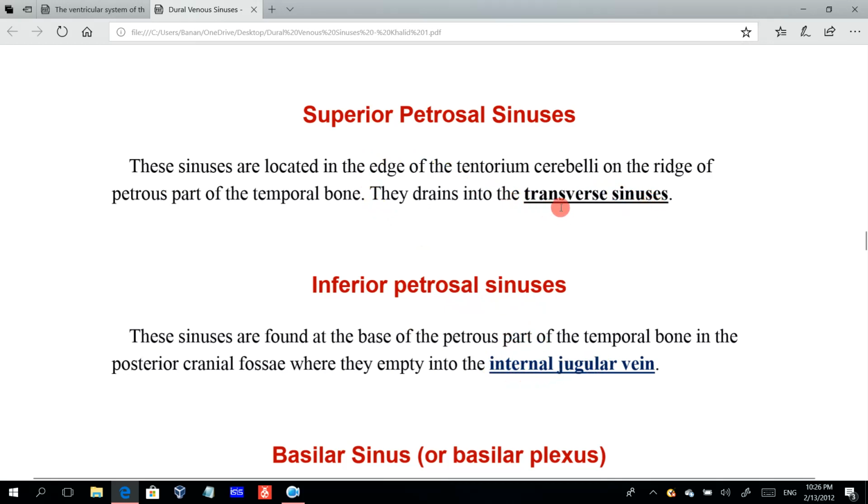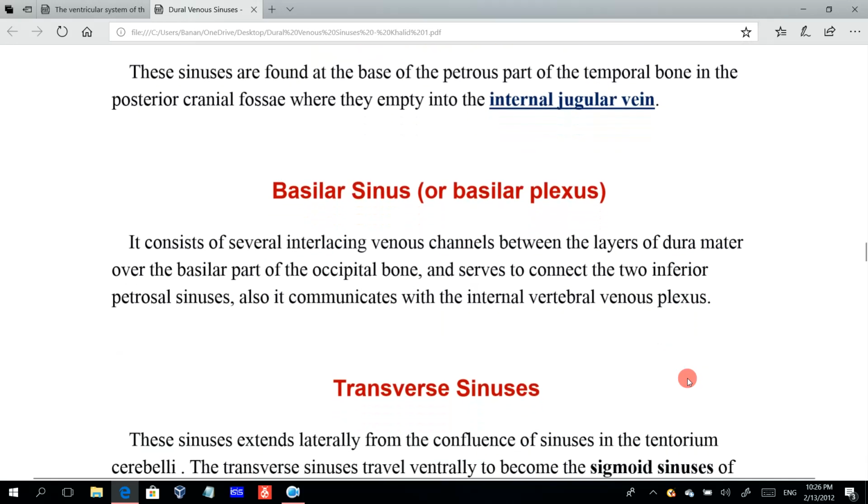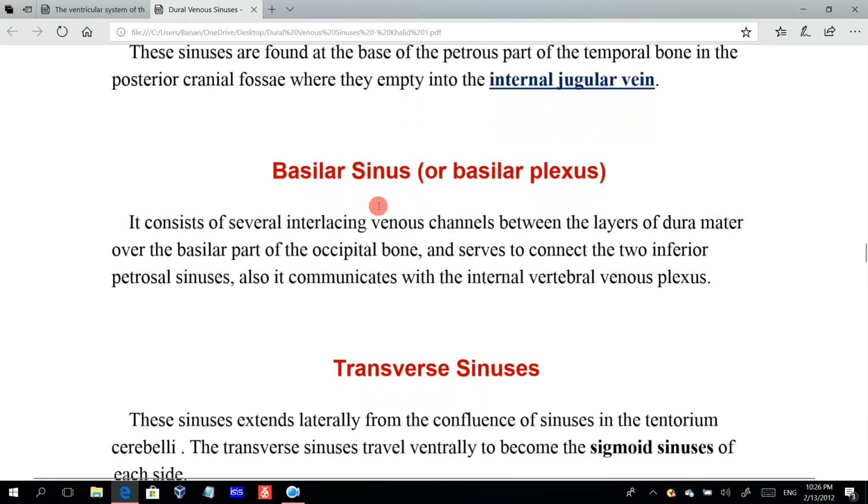Of course, later on, these transverse sinuses will also form another sinus, and then it drains into the internal jugular vein, as we will see later on. The other sinus is called the basilar sinus or basilar plexus. You know the occipital bone.